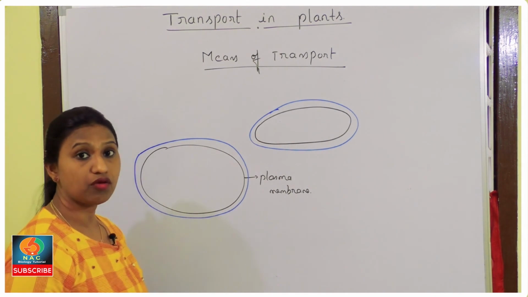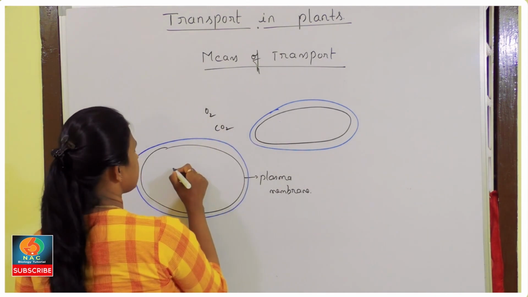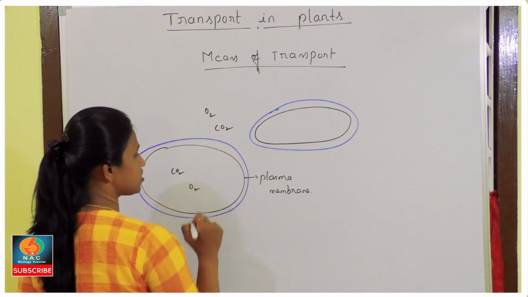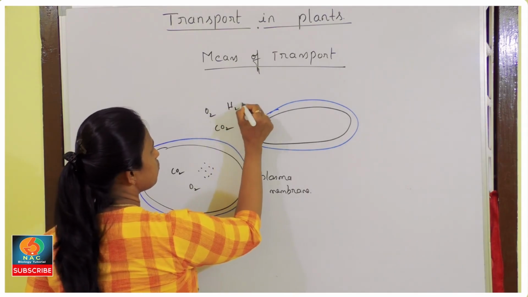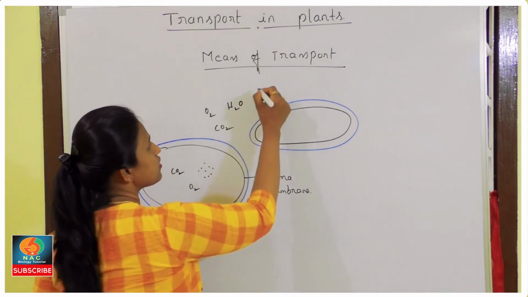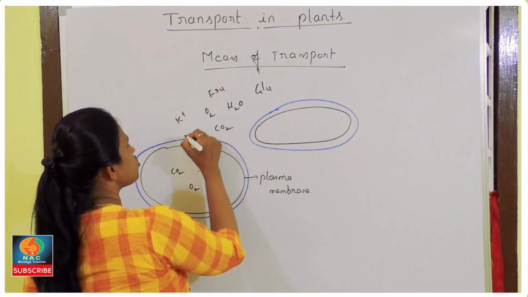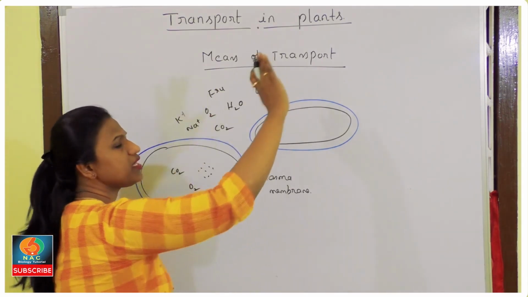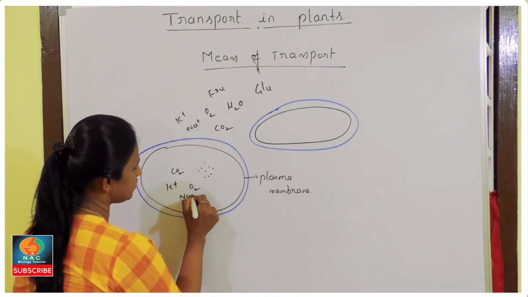Now molecules like oxygen and carbon dioxide are present inside. There are many water molecules, many glucose molecules, fructose molecules, ions like potassium, sodium. So many things are present both inside and outside the cell.